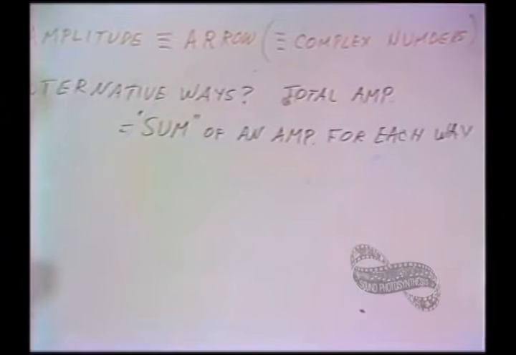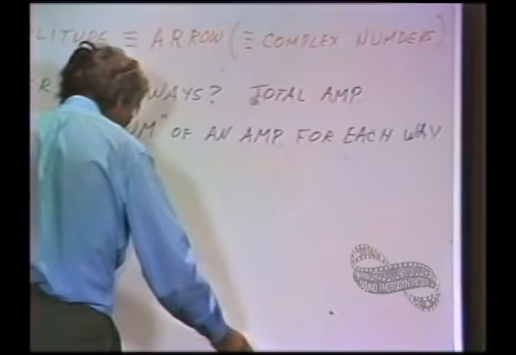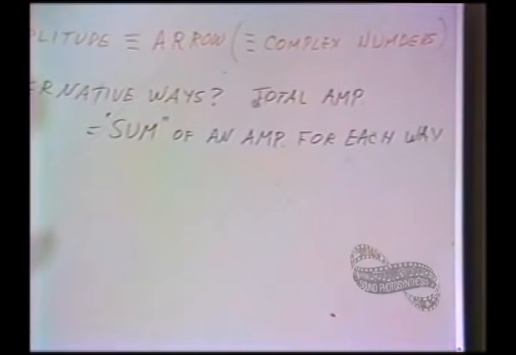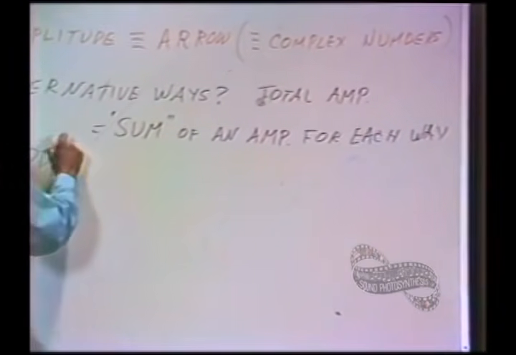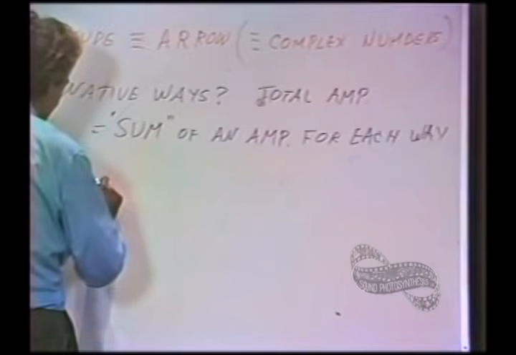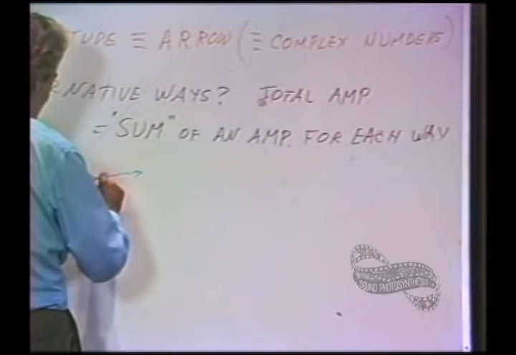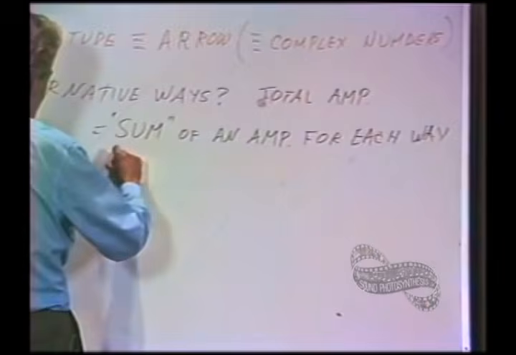Now the next step in this summary, I'm only making a summary, and you know all the answers. You were here the time before. Add. How do we add? As follows. If you have two amplitudes, there's one, and another amplitude two.